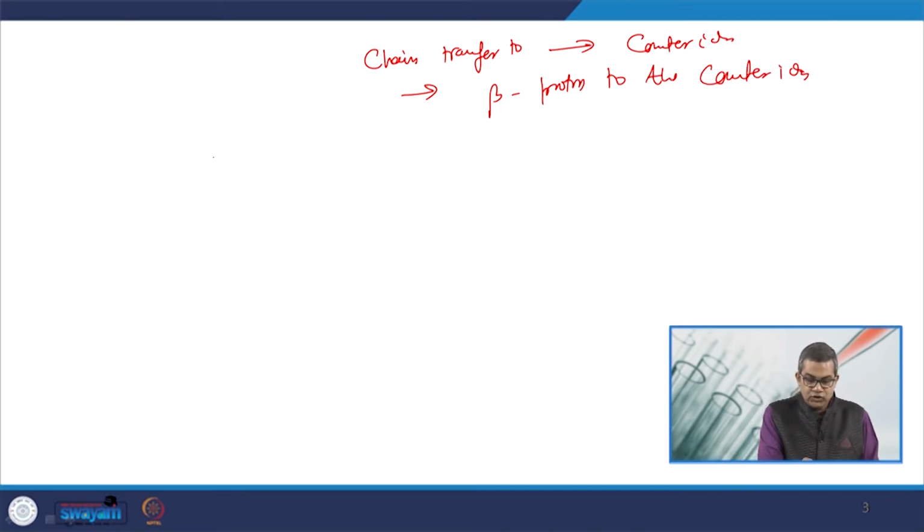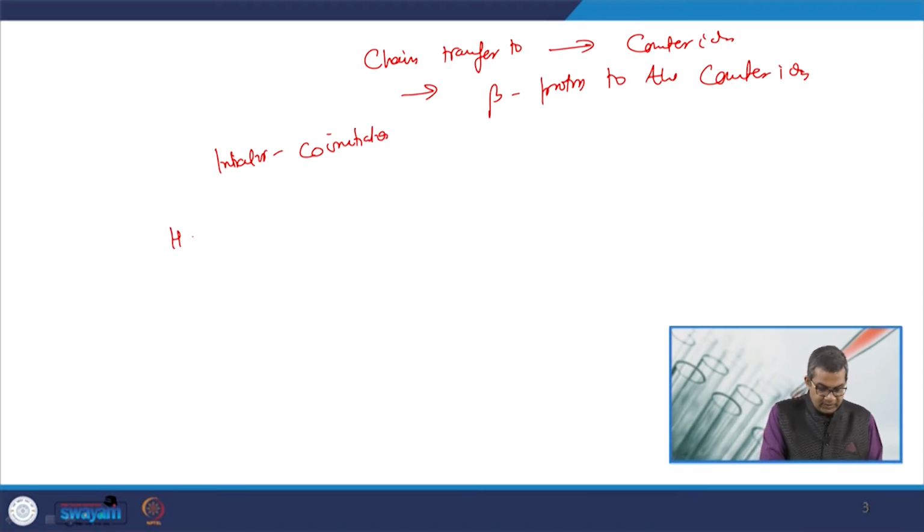Now the initiator and co-initiator are regenerated by expulsion from the propagating species, and as in the chain transfer to monomer, the polymer molecule has a terminal double bond.